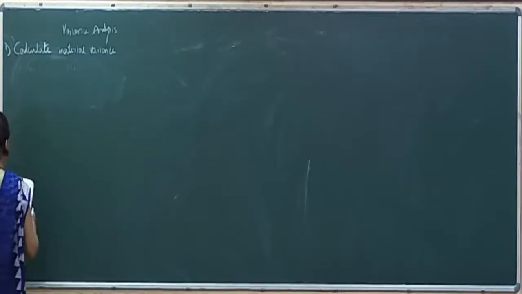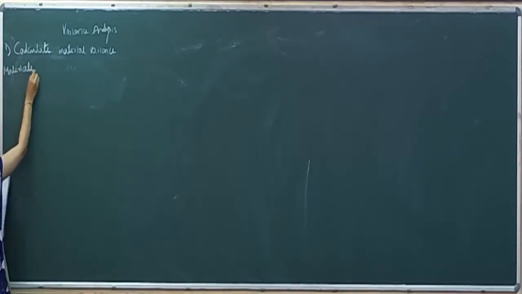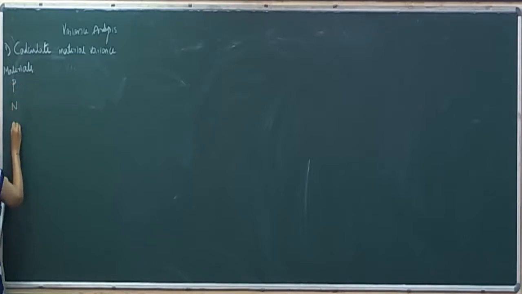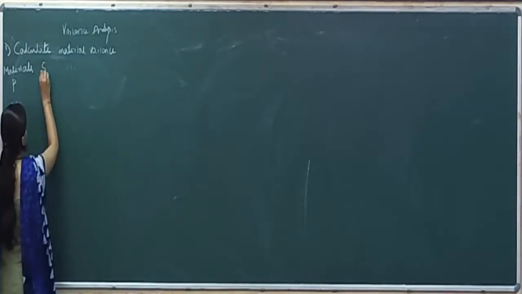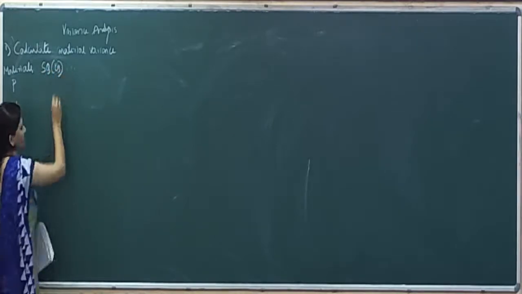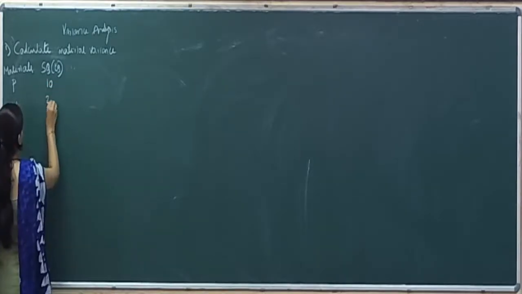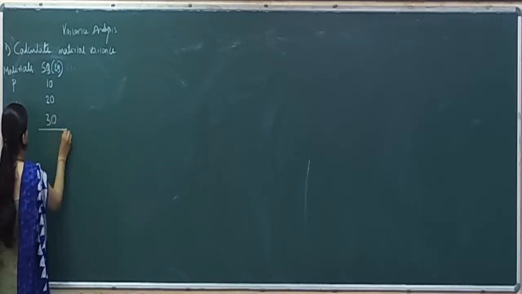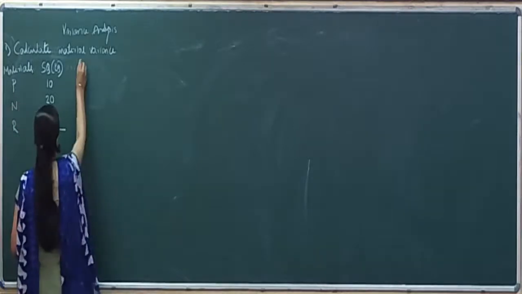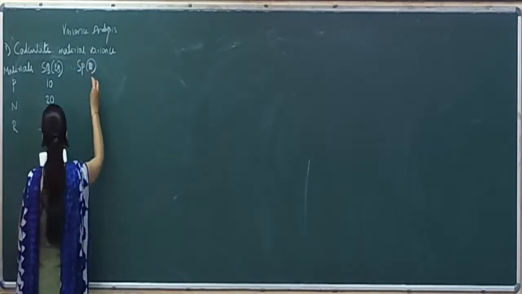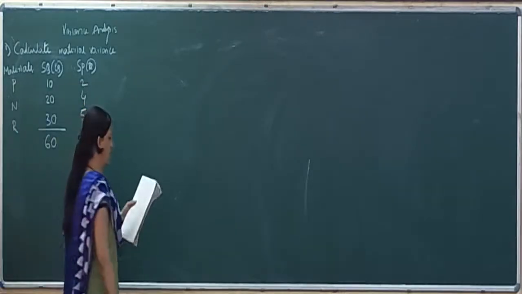Here they have given three materials, P, material N and material R. They have given the standard quantity in terms of kgs, 30, and the total quantity is 60, and here we have 2, 4 and 5 and total.